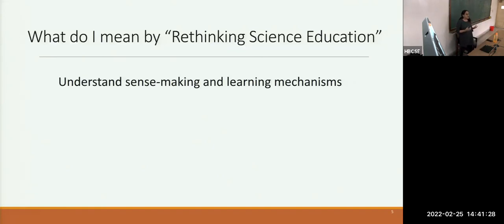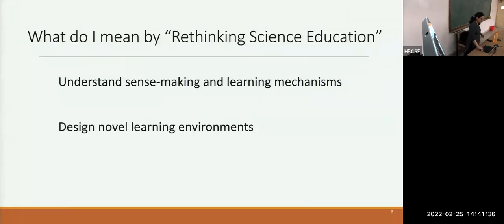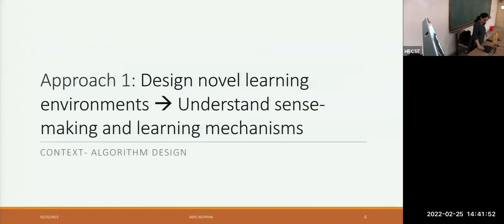So to do this, coming back to an idea that I talked about yesterday, we first need to understand sense-making and learning mechanisms, and then we design novel environments which will enable us to further understand these sense-making and learning processes in this reciprocal process of theory building and design principle building.